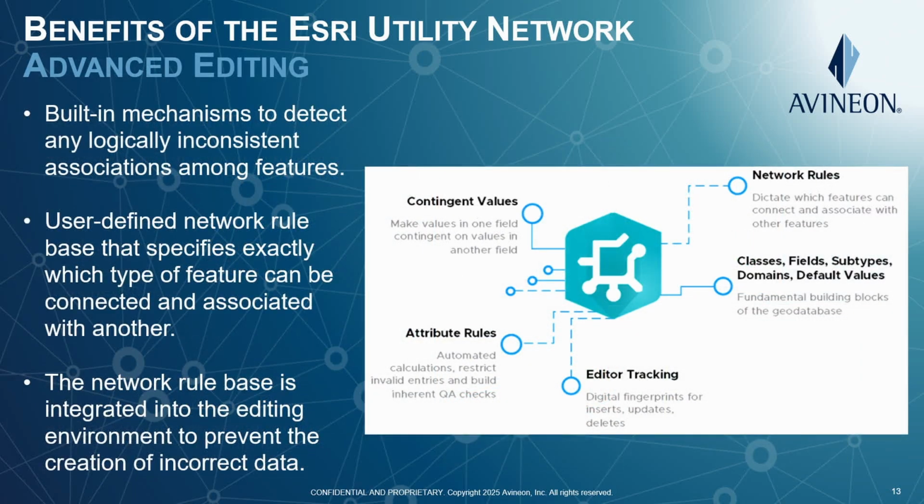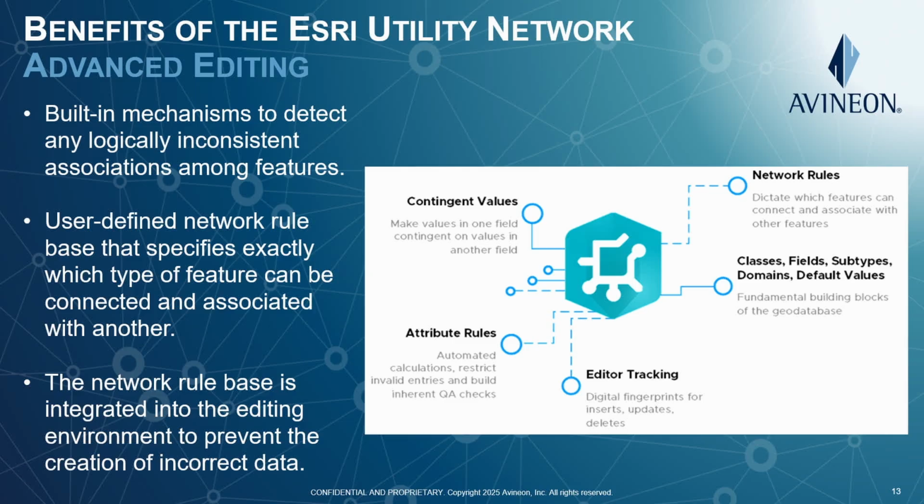And of course, that brings us to something a lot of you managing that data will be excited about: there are a lot of advanced editing capabilities that Utility Network brings. One of the big things is the network rules, and they're incredibly important and allow you to enforce criteria in the data. Essentially, it's going to prevent you or anybody else working on the data from creating bad data.